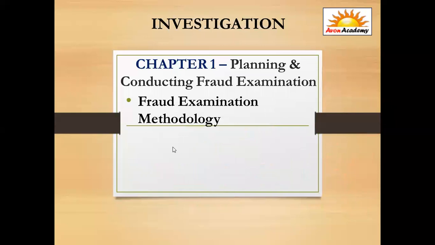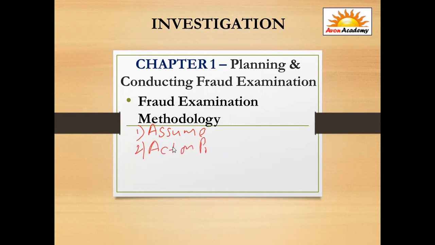So let's go with the fraud examination methodology. One, they assume litigation will follow. The first thing is assumption. The moment you have an investigation, it's assumed that there is a litigation that has to follow. Then they act on predication.